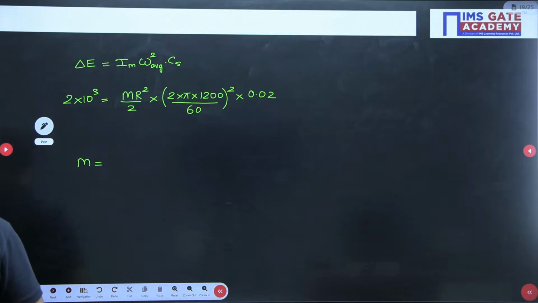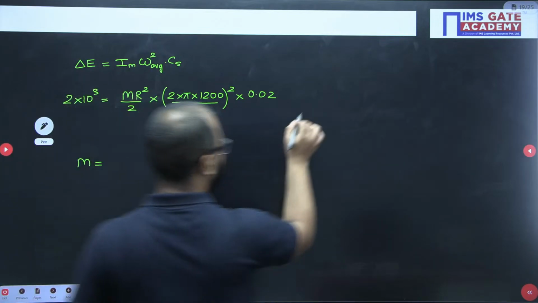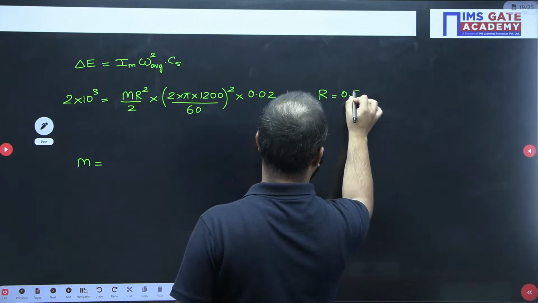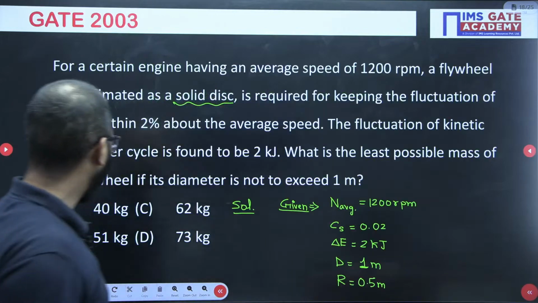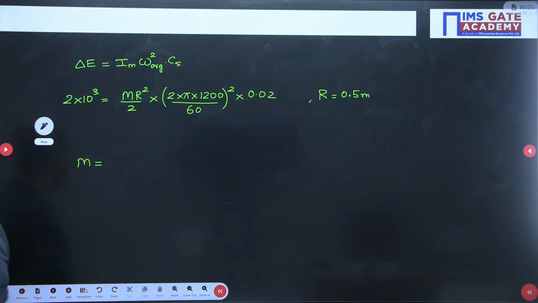What will be the answer here? Keeping in mind that the radius value is 0.5. So the options are: 40, 51, 62, 73. Please solve this question, everyone.